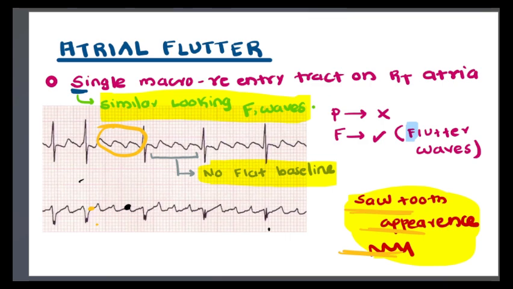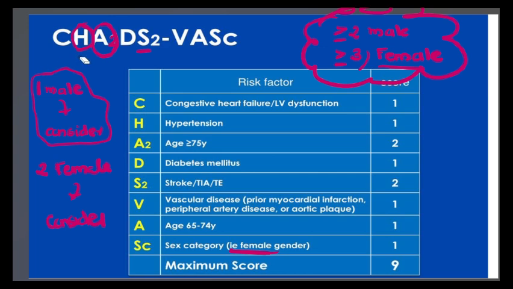So before we start, when we diagnose a patient with atrial fibrillation, we calculate a score called this one. I don't know how to pronounce this. You can pronounce it in your own way. CHA2DS2-VASc score. So basically, after taking history from the patient, we calculate the score. If the patient has congestive heart failure, we give one.